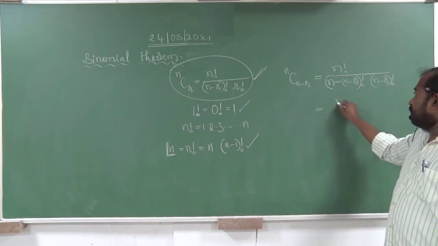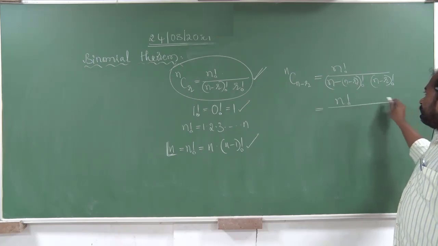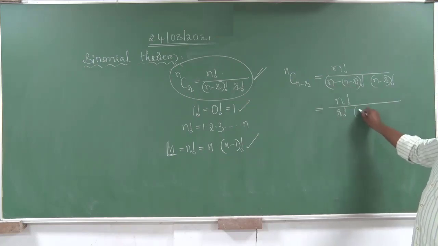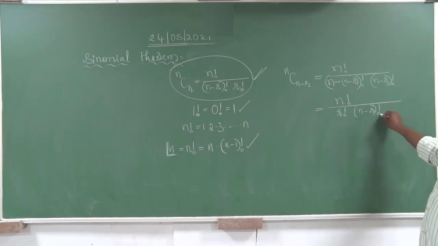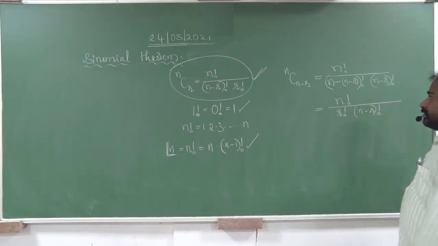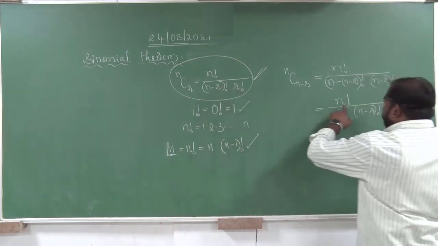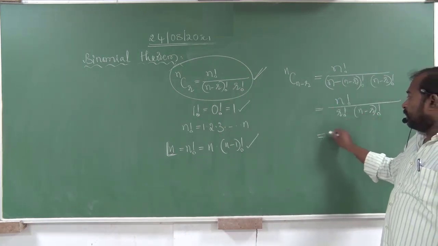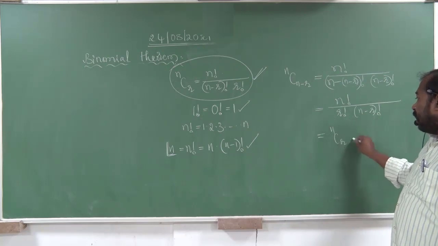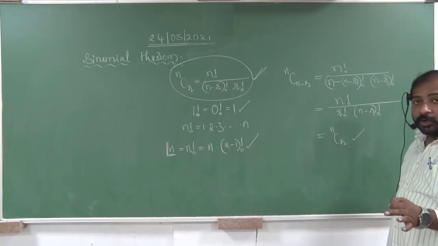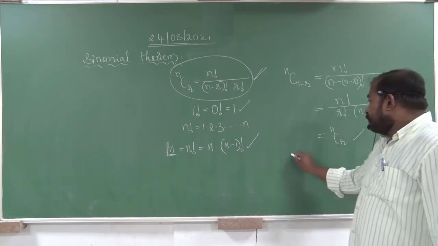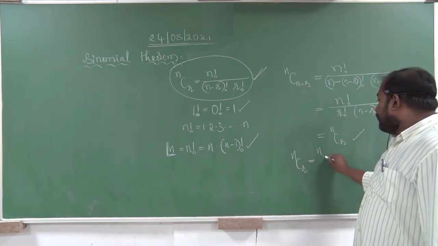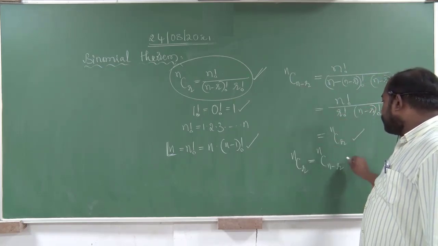Simplify: n factorial by r factorial into (n minus r) factorial. But this is similar to n factorial by (n minus r) factorial into r factorial, so it is nothing but nCr. This is a very, very important formula. So nCr is equal to nC(n minus r).